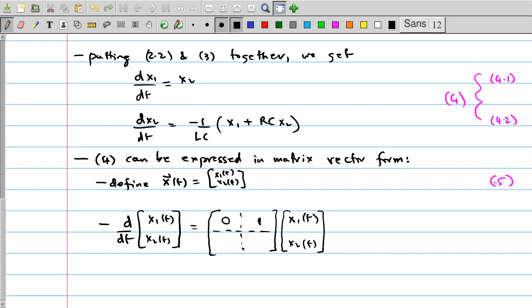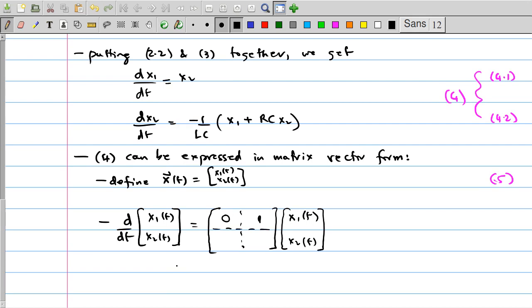Minus 1 over LC here, and RC over minus 1 over LC, that is minus R over L, right? dx1 dt is equal to x2, so that part is right. What about the other two? Why don't you just put them in yourself, and then we can check against mine. LC, and negative R over L. Okay, then that I think is probably correct.